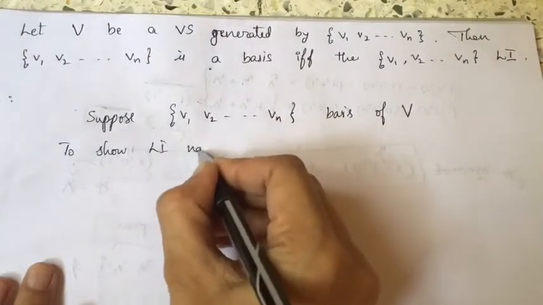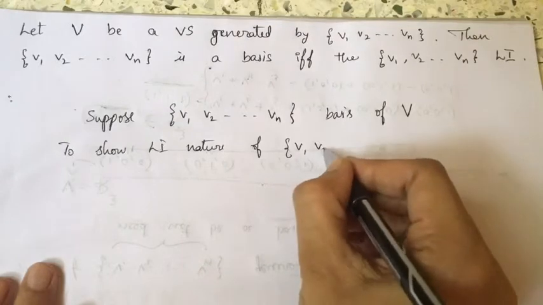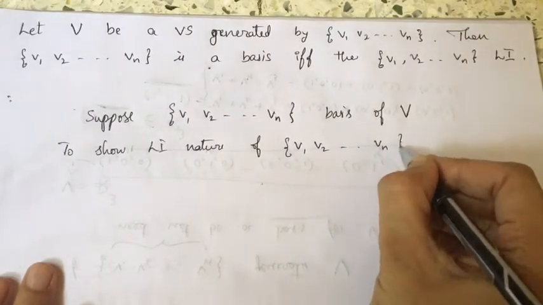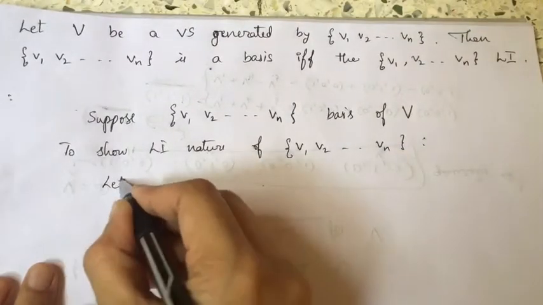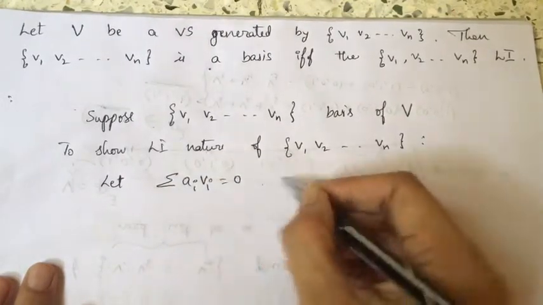So to show the linear independence of this, let me take their linear combination, say summation ai vi equal to 0.